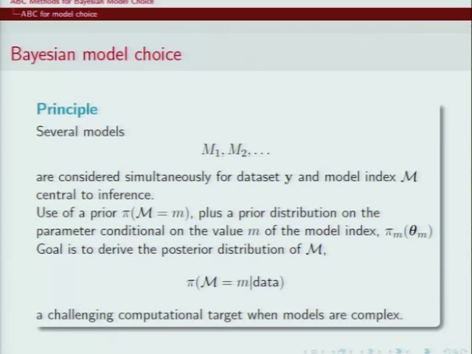So if you introduce the label of the model as an extra parameter, you just have to run ABC on this larger space that includes the model index. And so we want to derive the posterior probability that the model index is equal to m given the data.